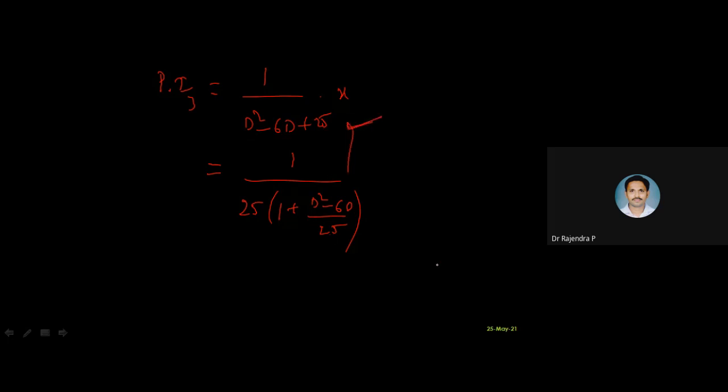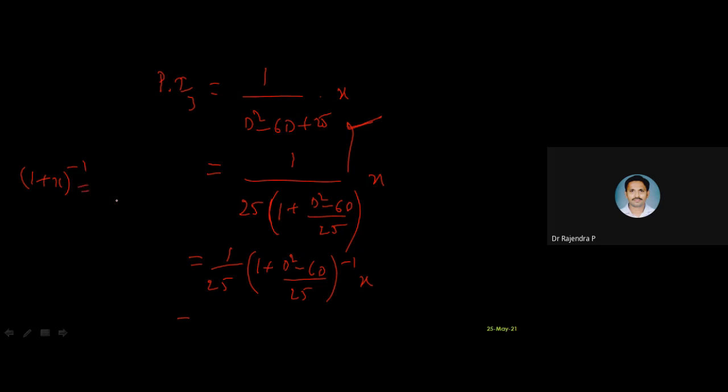Into x. So now 1 by 25 into 1 plus D square minus 6D by 25, whole to the power of minus 1, into x. I told you already, this whole thing looks like some x. Suppose we have 1 plus x whole to the power of minus 1.